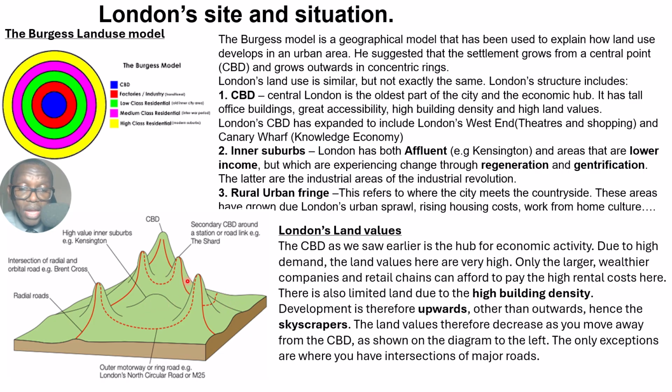These are areas that are like a secondary CBD around a station or a road link, for example the Shard, so that will have high land values. And places like Kensington down here are likely also to have higher land values because it's a wealthier area. Again, this is to show that the land values in London decrease as you go away from the CBD.